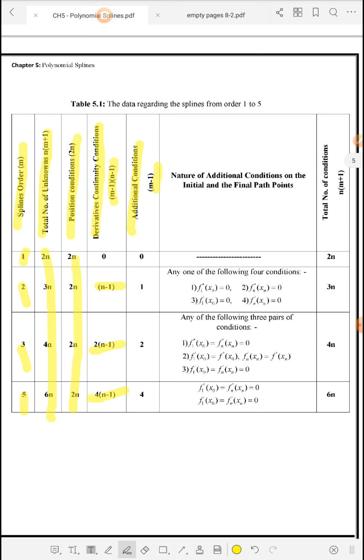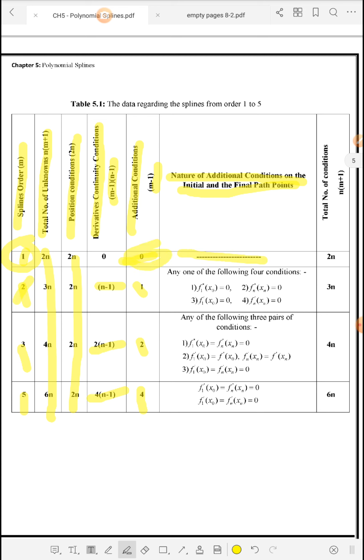In the first order we don't have any, there's no need. In the second order splines we have 1. In the third order spline we have 2, and in the fifth order spline we have 5. So what is the nature of those initial and final conditions that we add? In the first order spline there is none, because here it is 0.